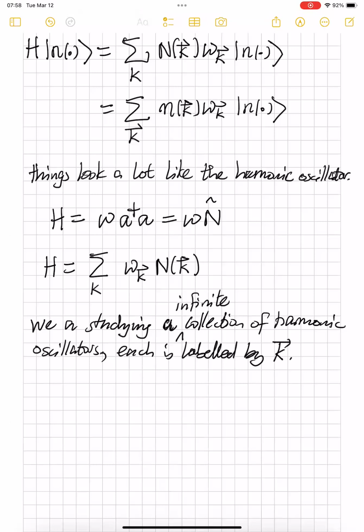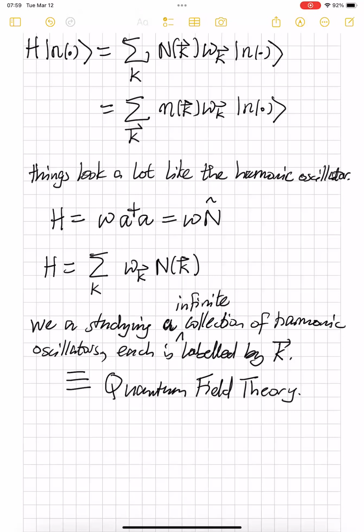And this collection of oscillators is what we mean when we say that we're doing quantum field theory. Quantum field theory is the dynamics of an infinite collection of oscillators. We're going to return to this idea a few times to make sure that it's completely clear.